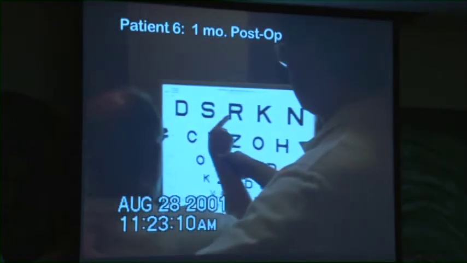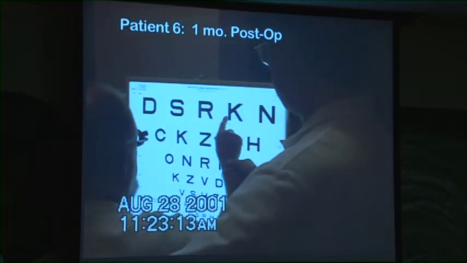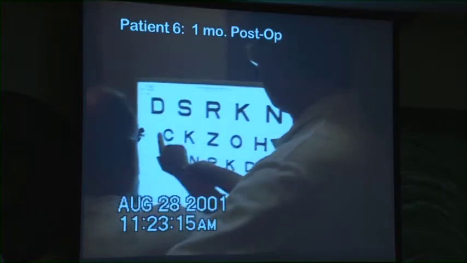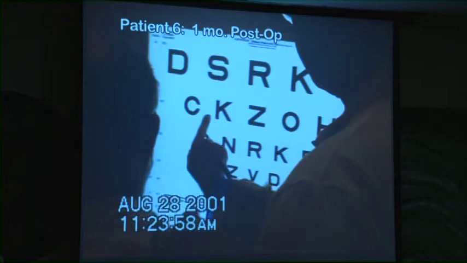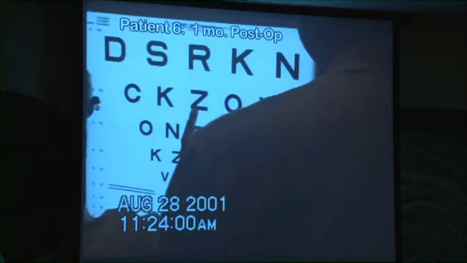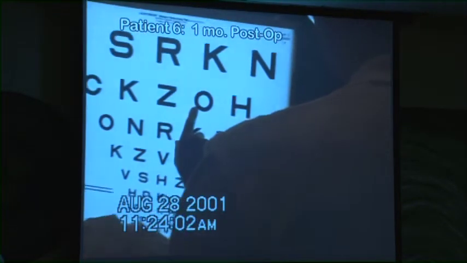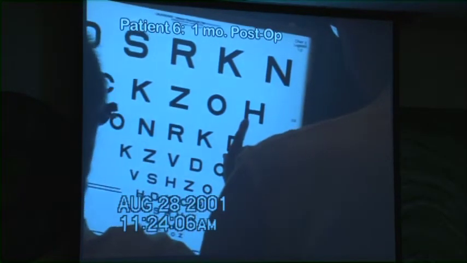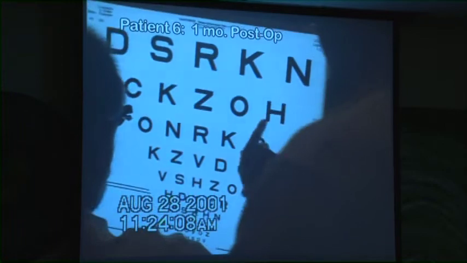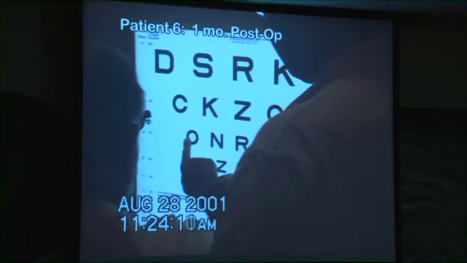So this is now 1 month after surgery. S R K N. O K Z. O. H. Okay. Take your time.